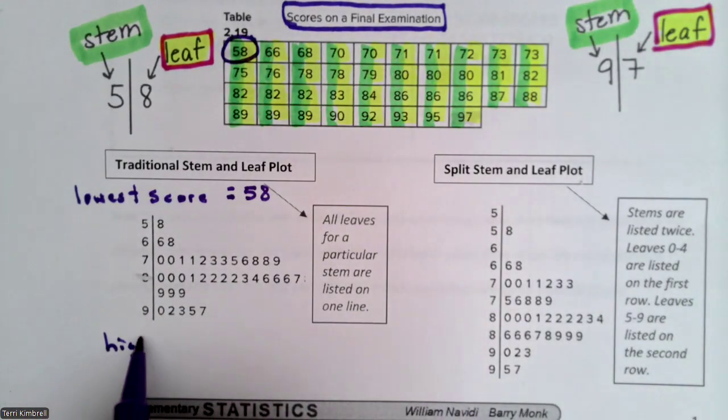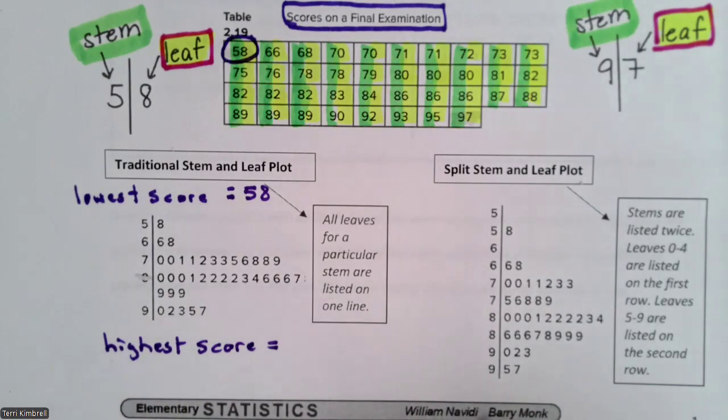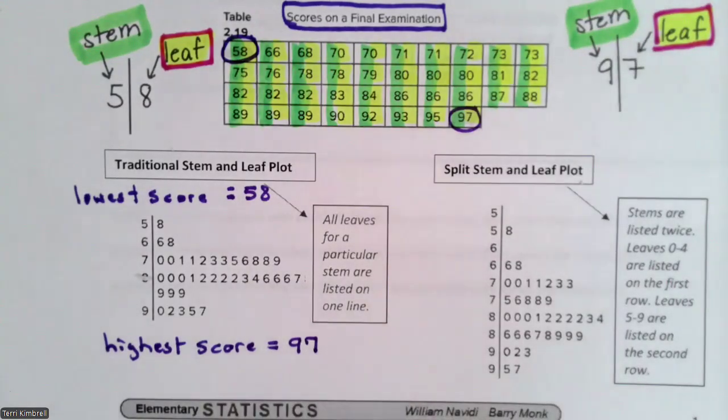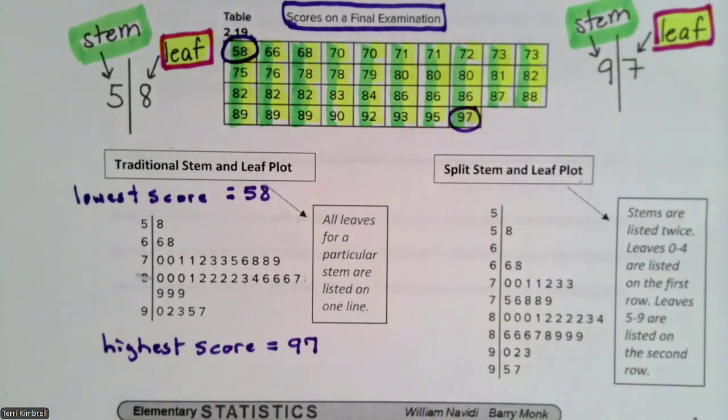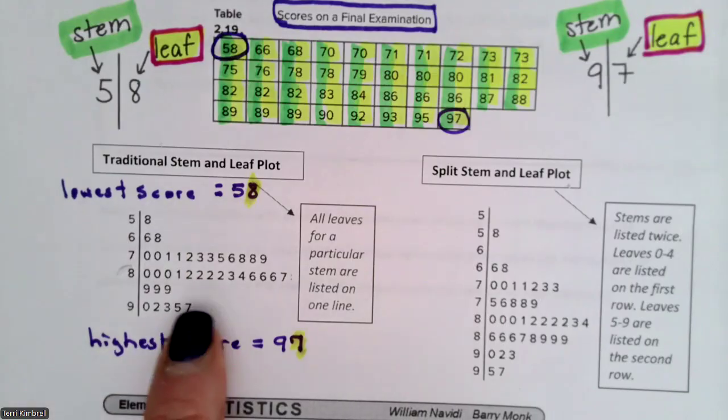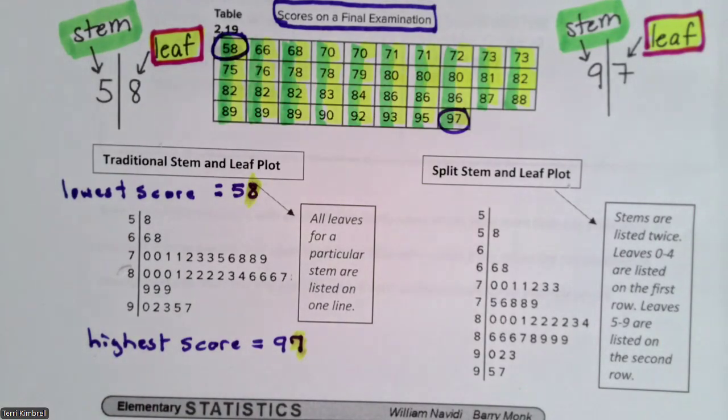Your highest score is a 97. So when you look at that, the leaves are going to be the rightmost digit there. So that's going to range at 8 right here, and then it ends right there at the 7.